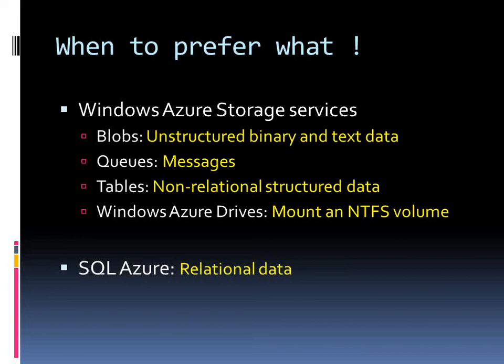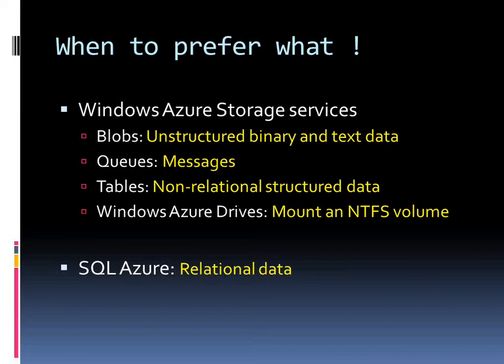Before that, let me quote another example here. I'm sure most of us use Facebook. In a typical Facebook application, where we keep sending friend requests, that could best be done through queues. You send a friend request, it goes into a queue.